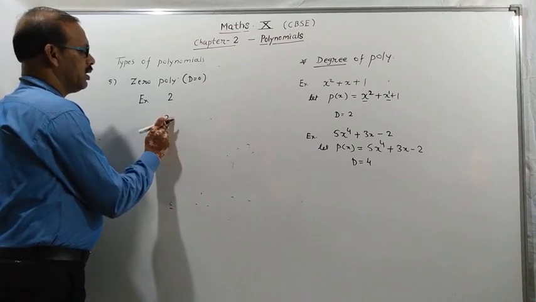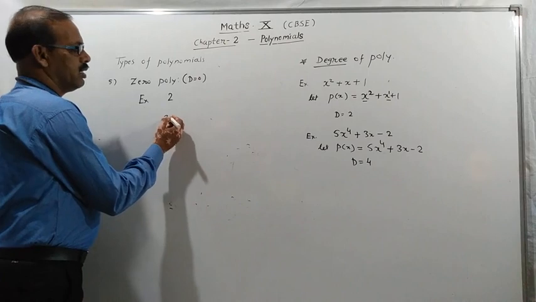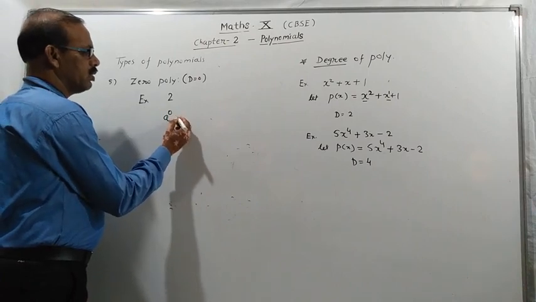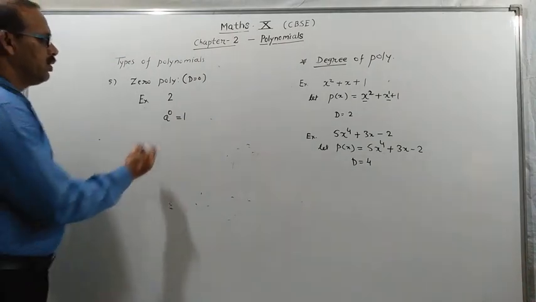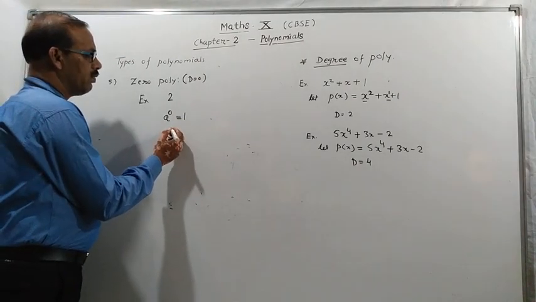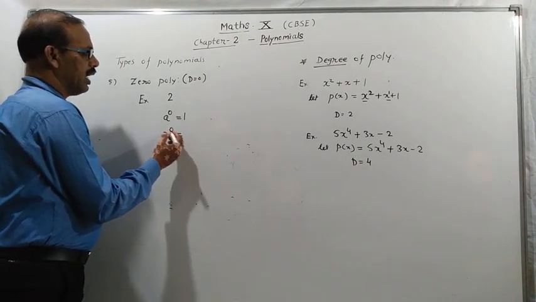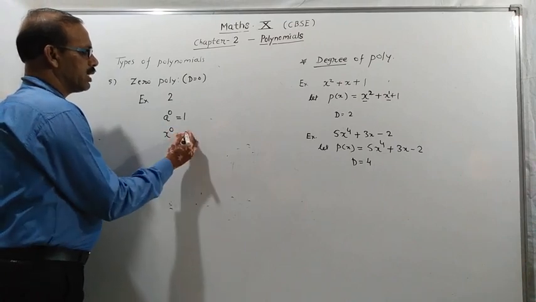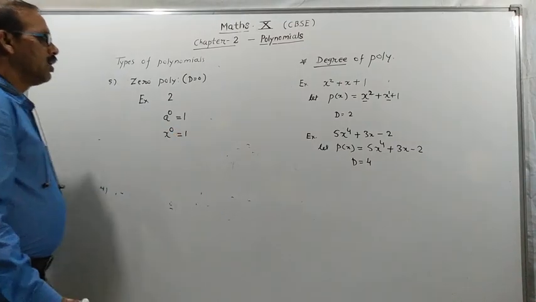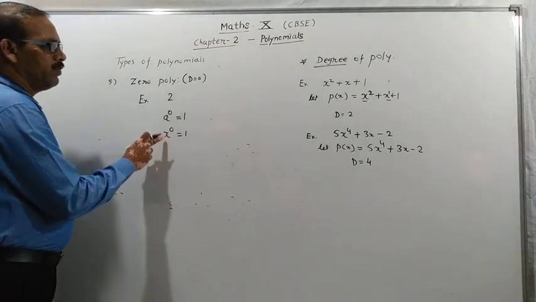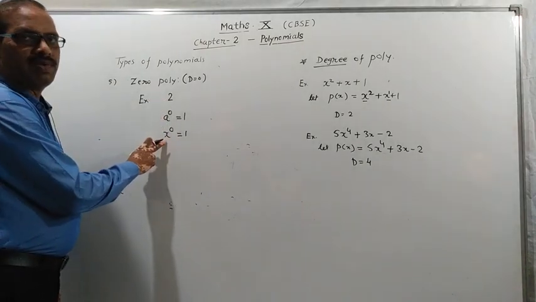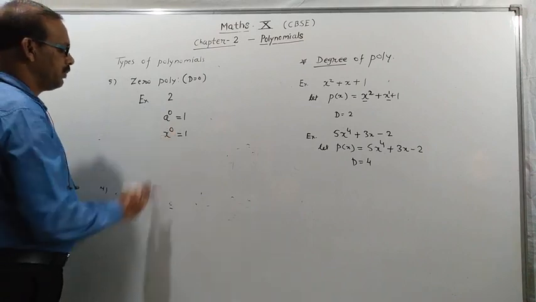Any number, if its power is 0, then its value is taken as 1. Similarly, we can take the value of x to the power 0, therefore its value is again 1. Now we try to express this 2 in the form of 2 into a variable having some power.